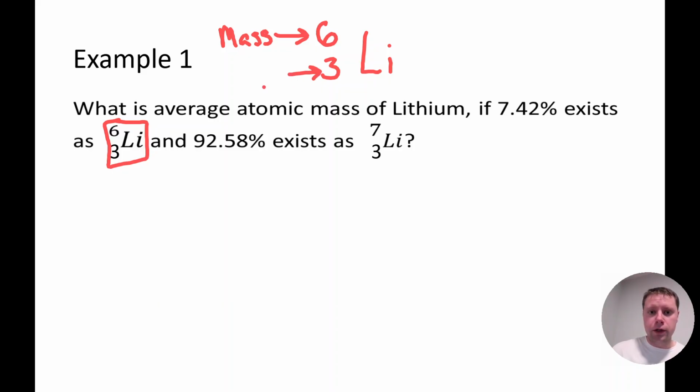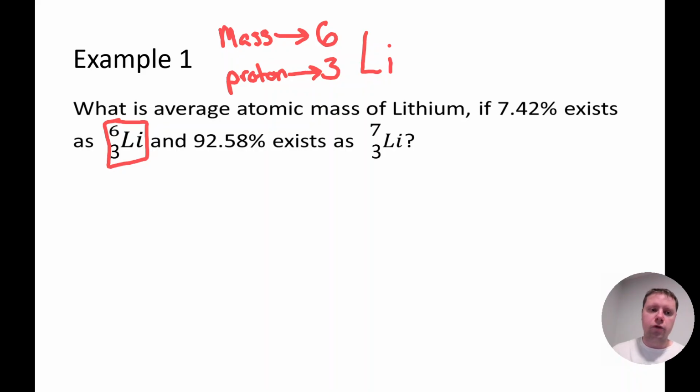That bottom number represents your number of protons, which sometimes they leave off because if you have the symbol, you can look on the periodic table and find the number of protons. So the top number will always be given to you. The bottom number sometimes is left blank. Okay? All right, so now that we know what this information means, we can actually put it together and use it in our average atomic mass formula.